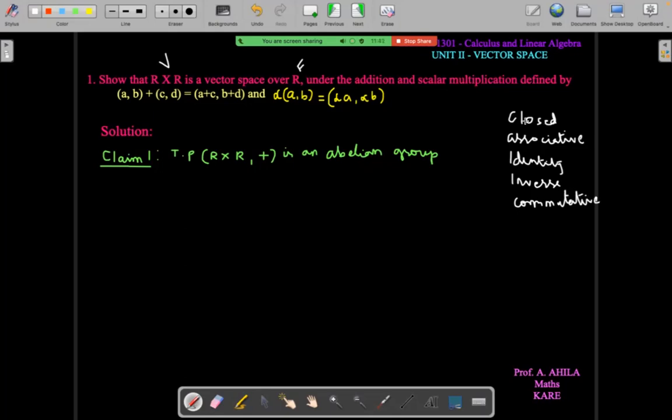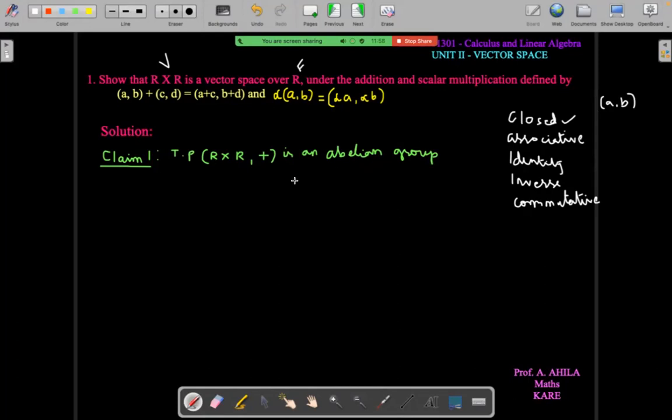So first we check for closed. Closed means we need to consider any 2 elements of R cross R. In R cross R, all the elements will be in the ordered pair form, so (a, b) in this shape.